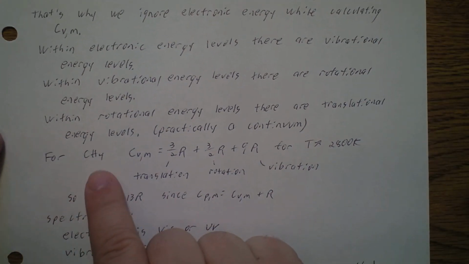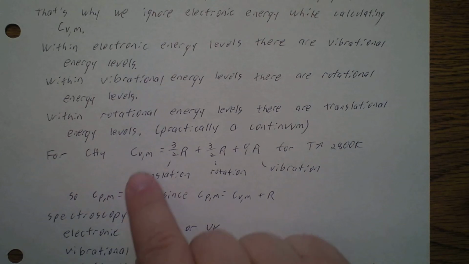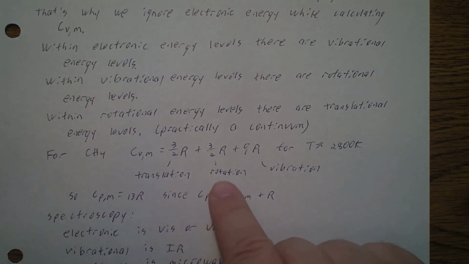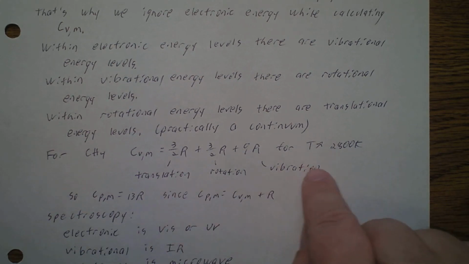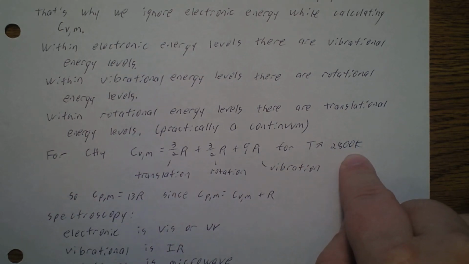Now let's talk about methane, CH4. So the molar heat capacity at constant volume comes from translation, rotation, and vibration. Now we're going to say the temperature is roughly 2800 kelvin.